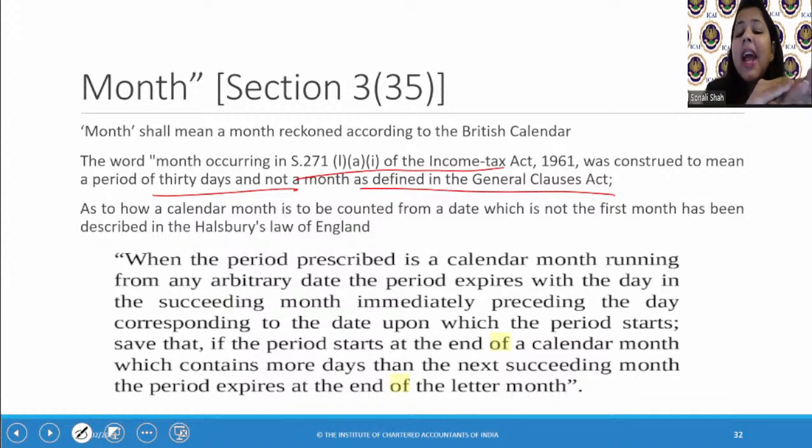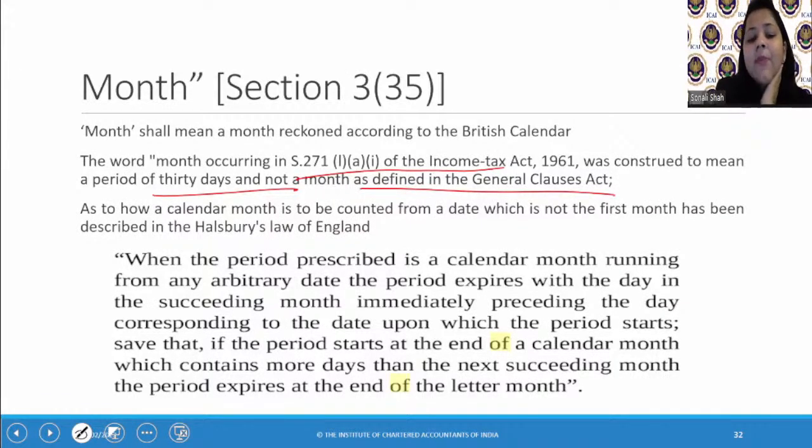So for the Income Tax Act, a month means a period of 30 days. But if you look at GC, it means the month as provided in the British calendar, right? So how do you calculate this month? How has this calculation to be done? That has been prescribed in Halsbury's Laws of England.